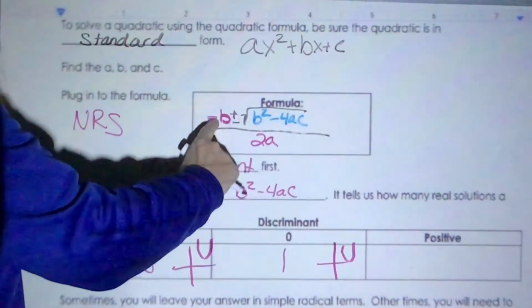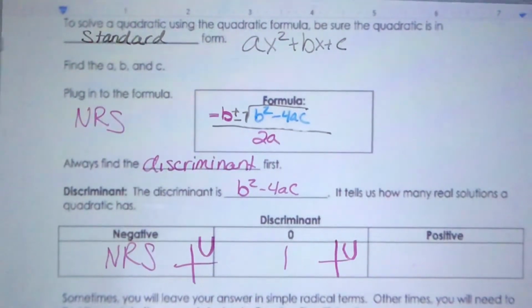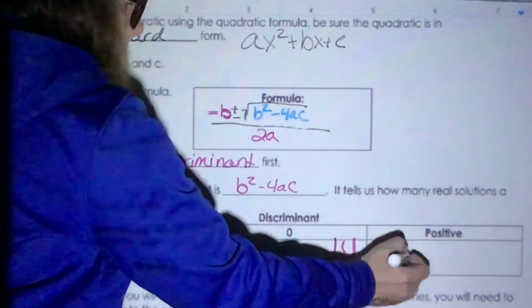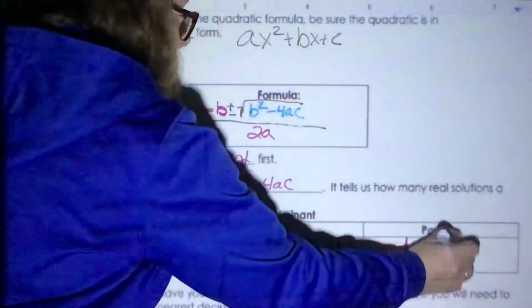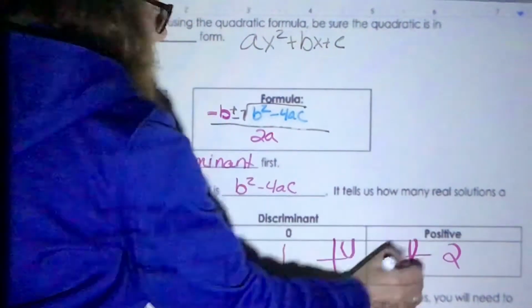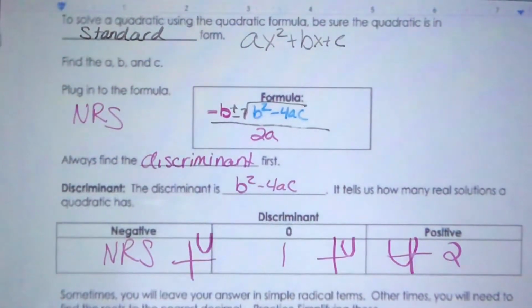And if you do negative b plus 0 and negative b minus 0, you get the same exact answer. And then if your discriminant is positive, that's when you have two real solutions, and that just means that the quadratic crossed the x-axis in two different locations.